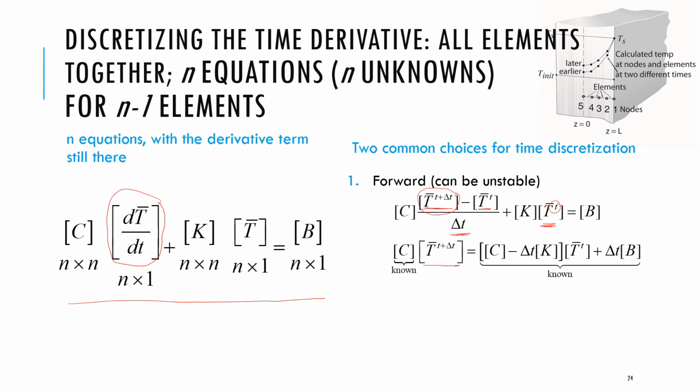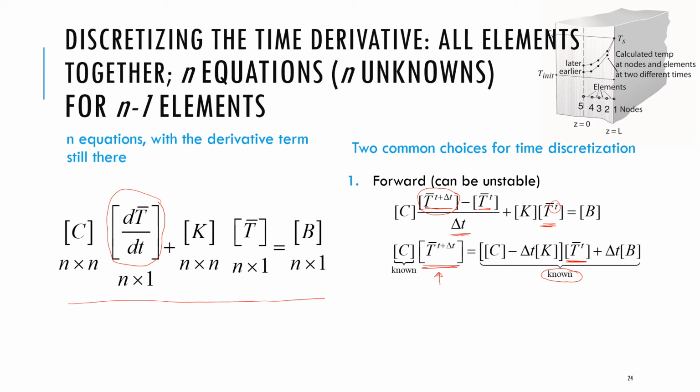From there, if I do the algebra, I collect all the terms related to t plus delta t on this side and all the terms related to temperatures at t on this side. So you notice now this is a set of algebraic equations where everything on the right hand side is known, and we are solving for the temperatures at our next time step.